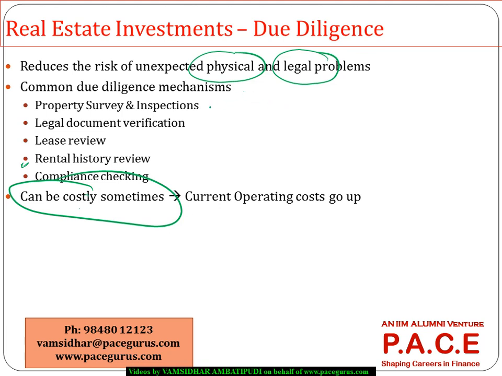So from that standpoint, the common due diligence mechanisms, again every due diligence is a cost, but people get into a much deeper survey of the properties and do a lot of regular inspection of the property before they actually make their decision to purchase. They verify the legal documents thoroughly, and identify any hypothecations or any such legal assignments that have been done on that particular property. What was the lease history, or what is the rental history, what is the occupancy rate?